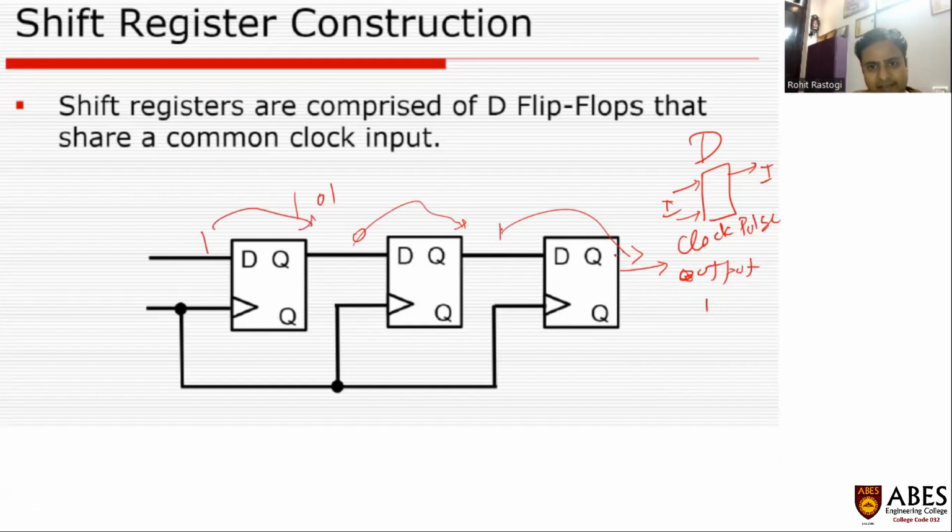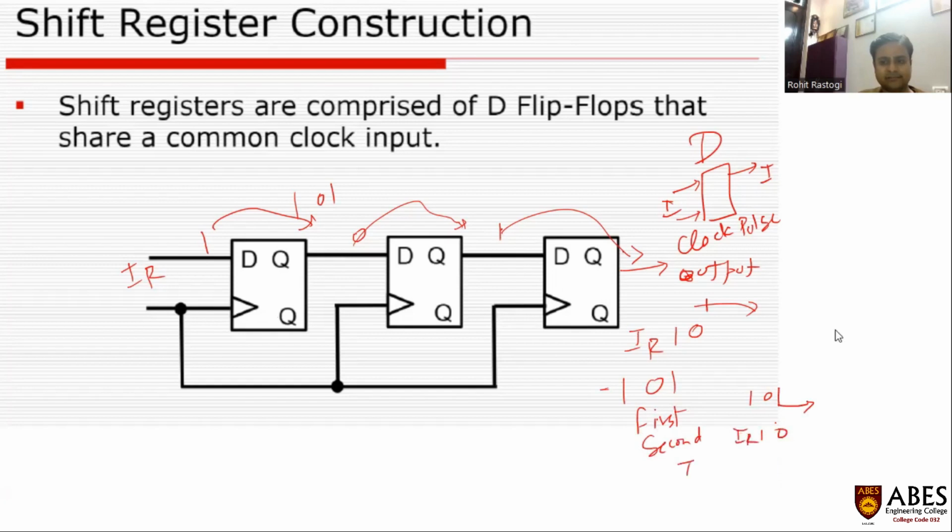In another clock cycle, this 1 will be extracted out and 0 will be pushed to this, this 1 will be pushed to this, and the external input IR will be pushed to these bits. So if there is 101, in the first clock cycle we get 101 as the output. In the second clock cycle, this one is discarded and there will be 10 and IR.